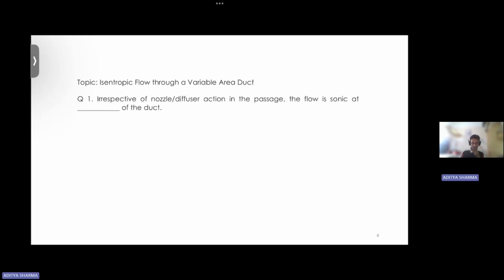So the first question is on isentropic flow through a variable area duct. The question says that irrespective of nozzle or diffuser action in the passage, the flow is sonic at dash of the duct.